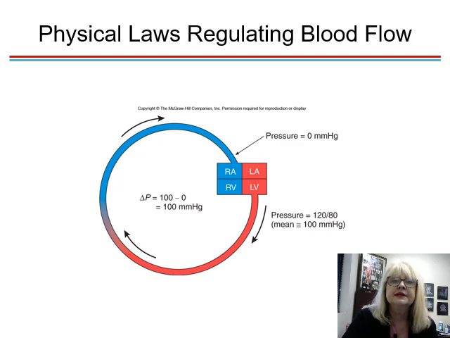The symbols on here: RA is the right atrium, RV is the right ventricle, LA is left atrium, and LV is left ventricle on this diagram.